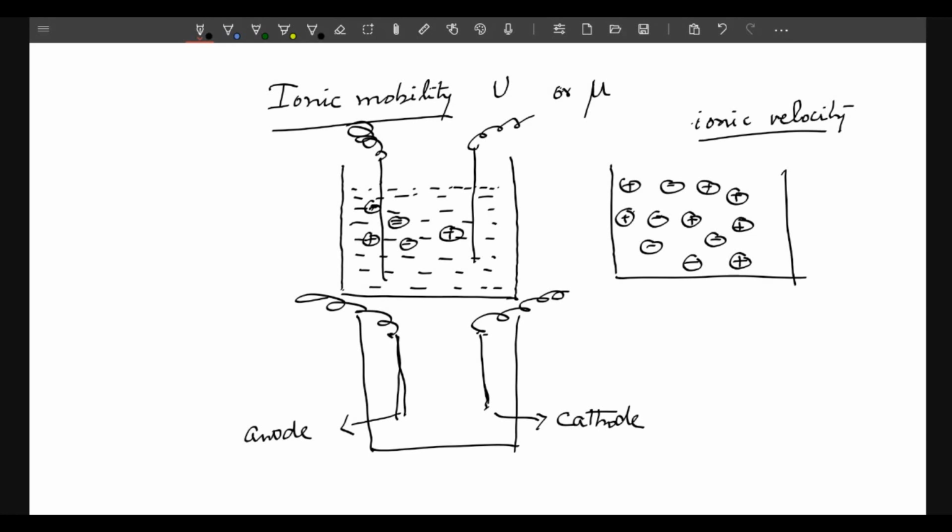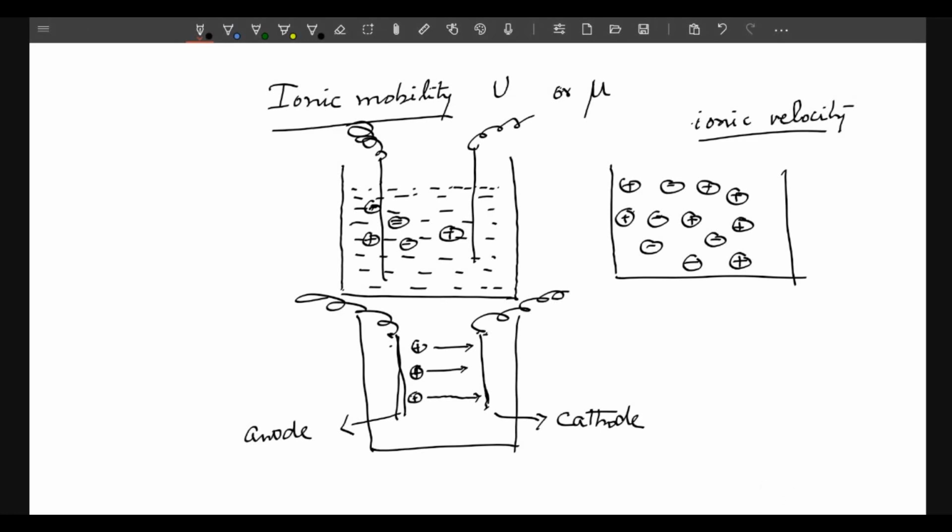The cations move towards the negative electrode in a straight line. The ions present between the two electrodes move towards the appropriate electrode, cations towards the cathode, and anions towards the anode.